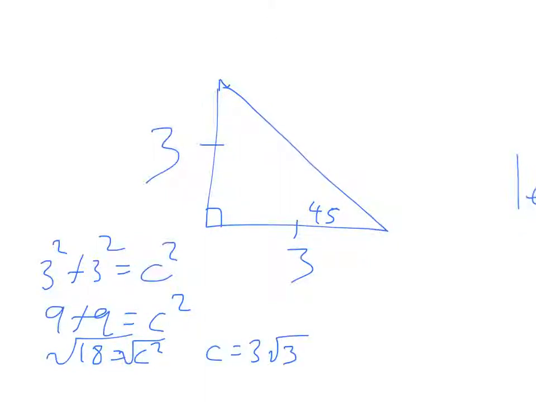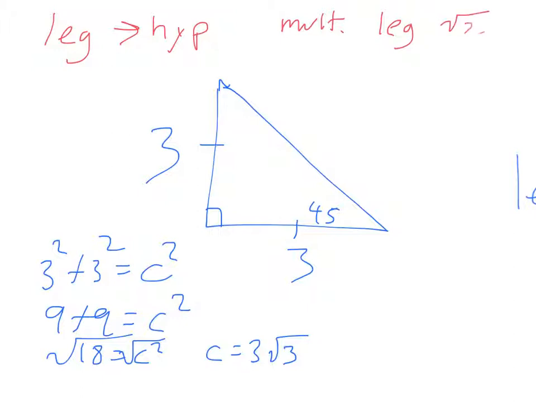But a shortcut, and you might want to include this in your notes, if we're going from the leg to the hypotenuse, all we have to do is multiply the leg times radical 2, which would mean it would be 3 radical 2.